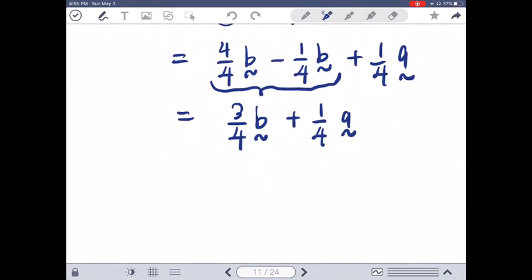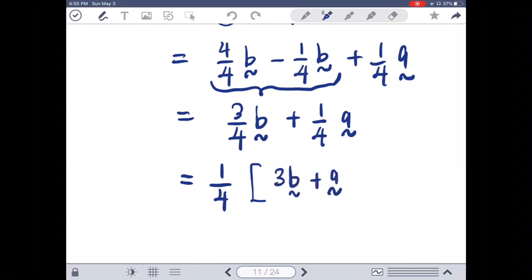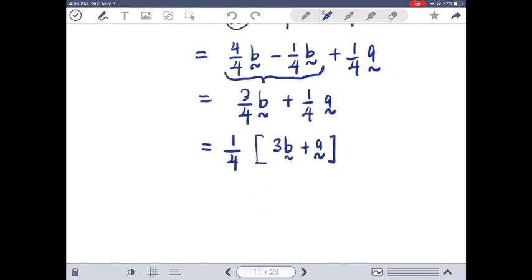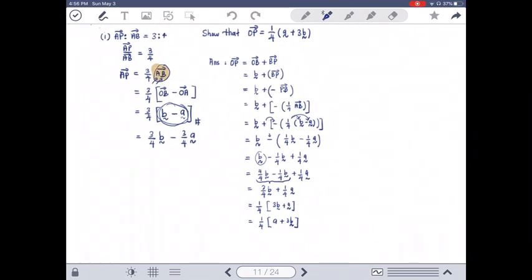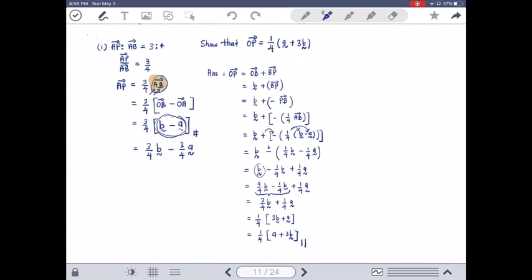Factorize 1 over 4, bring outside. We have 3B plus A, hence equals to 1 over 4 A plus 3B. I just rearrange B. Okay, it's proven.